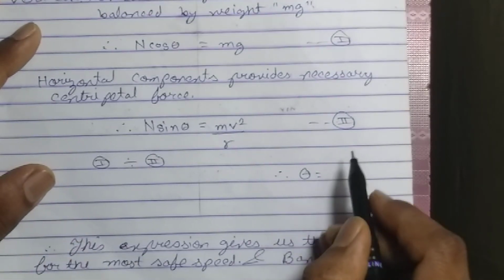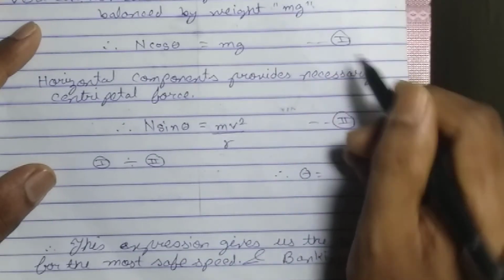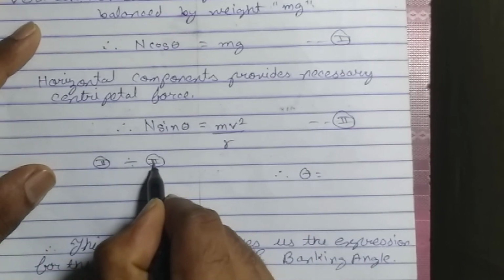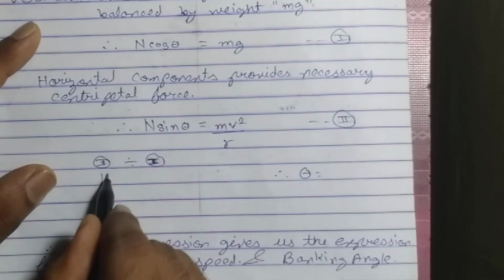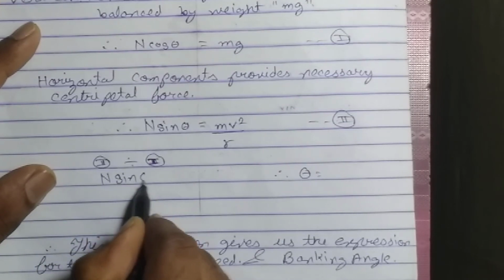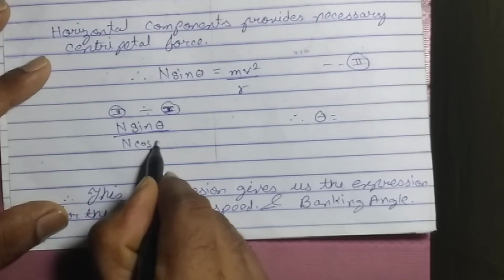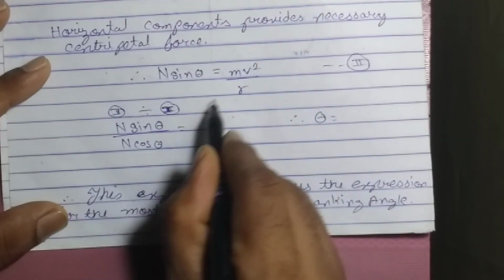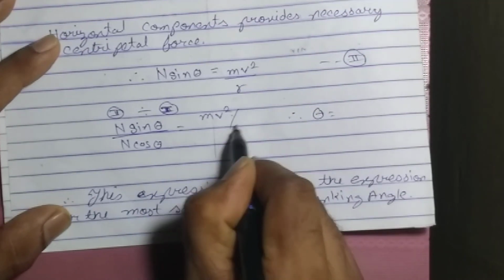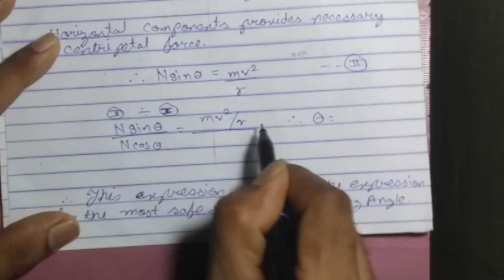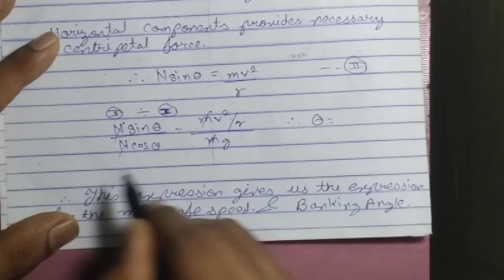Students, I am going to divide equation 2 by equation 1. N sin theta divided by N cos theta will give us the right hand side of the second equation, mv square upon r, the whole divided by m multiplied by g. N gets cancelled, m gets cancelled.